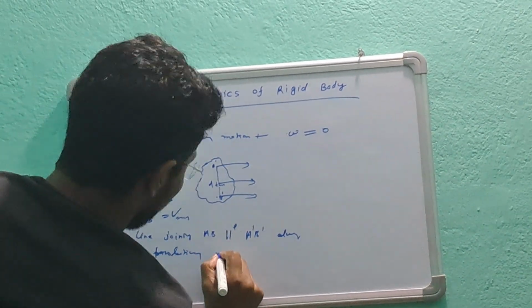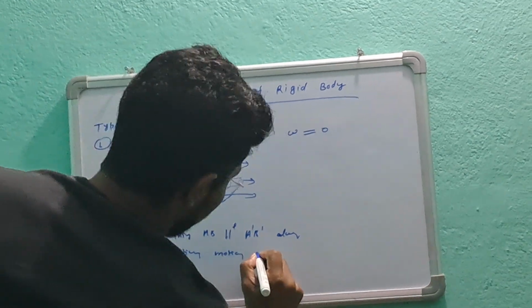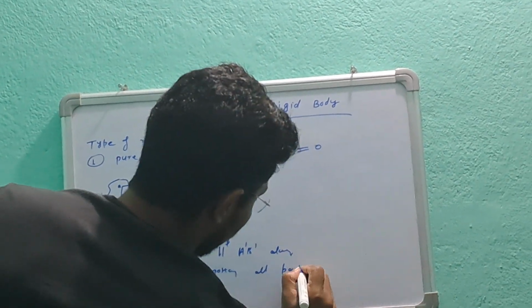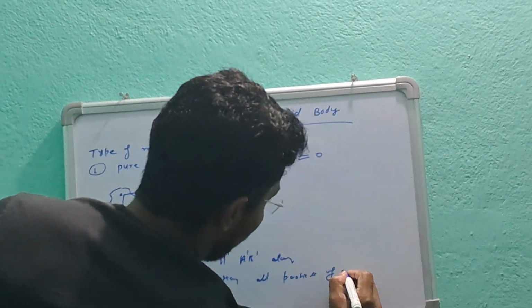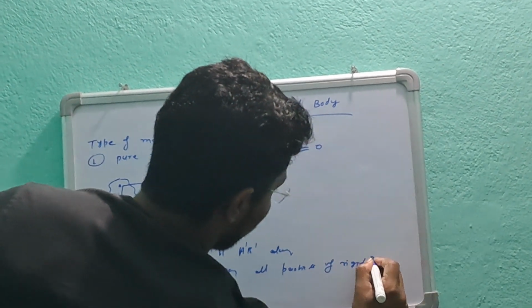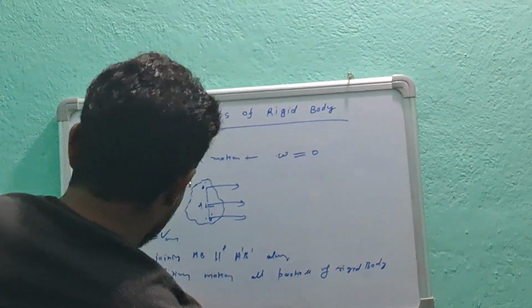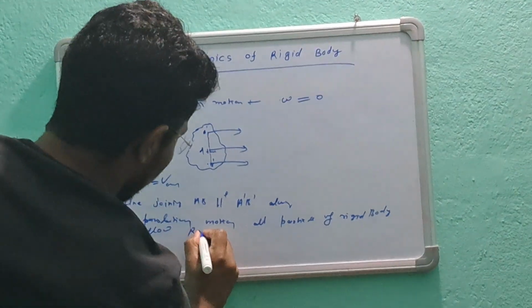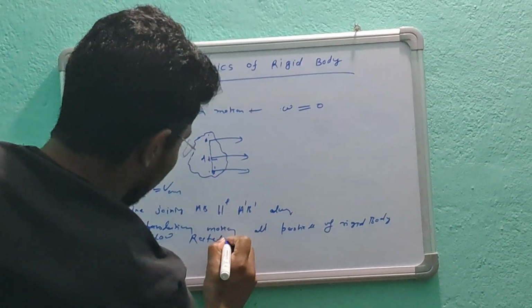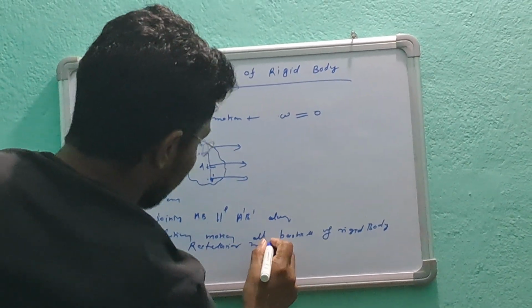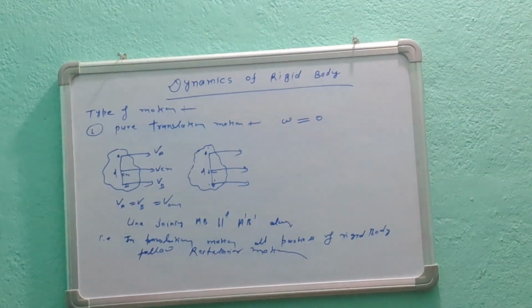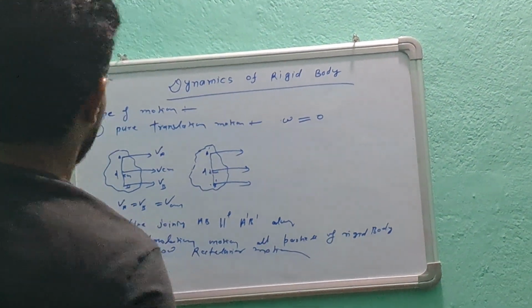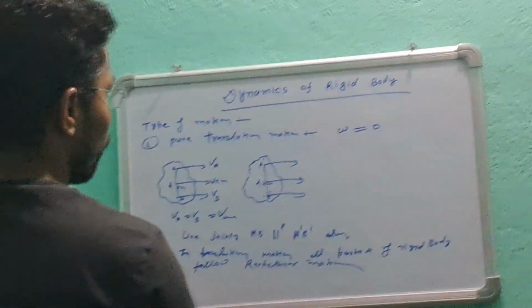In translational motion, all particles of the rigid body follow rectilinear motion. That was translational motion.